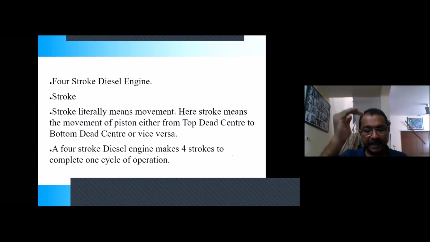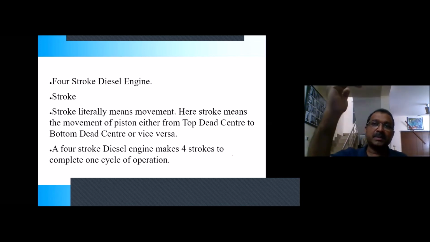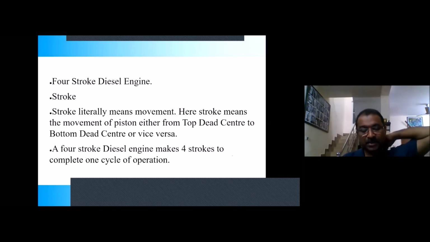If it moves from TDC to BDC, it's the third stroke. If it moves back, another stroke, the fourth stroke. So in a 4-stroke diesel engine, in order to complete a cycle of operation, it will make 4 strokes. That is why we call it a 4-stroke diesel engine.